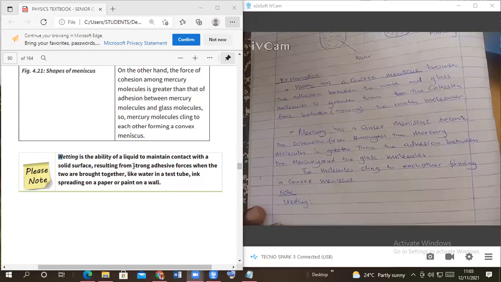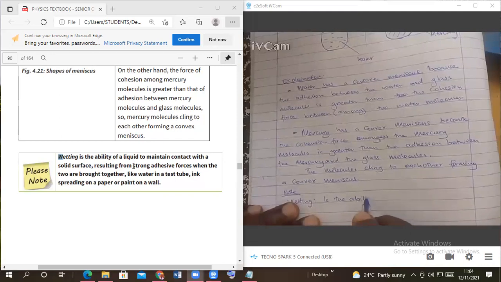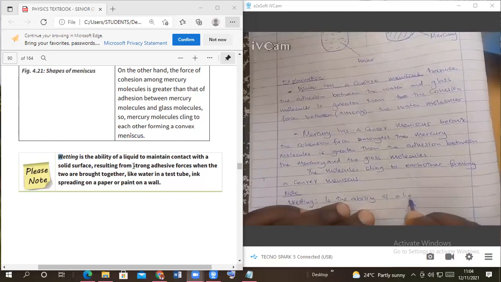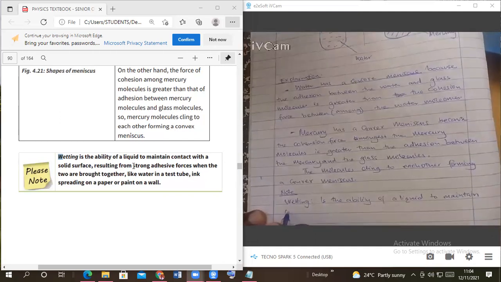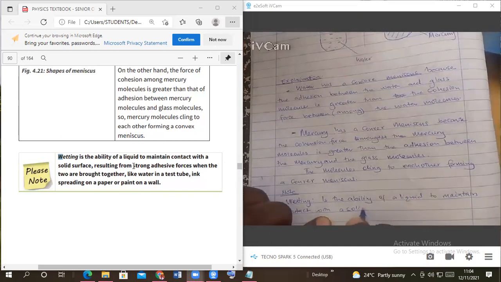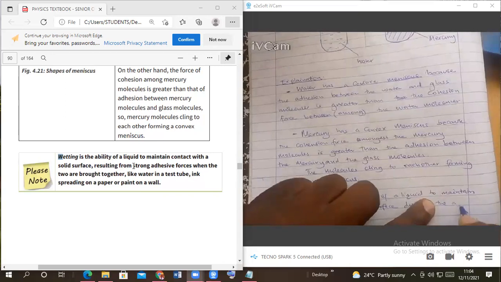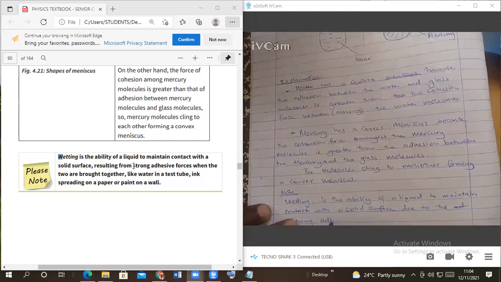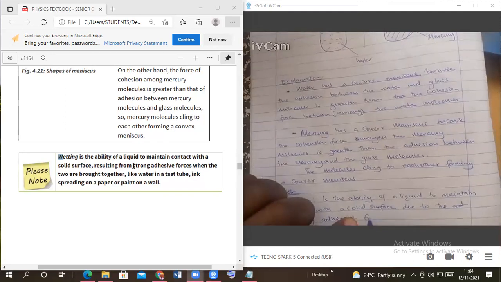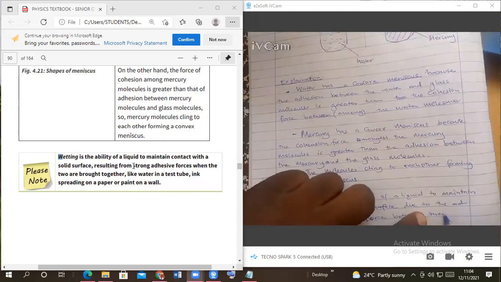Water wetting glass is what we call wetting, and wetting is the ability of a liquid to maintain contact with a solid surface, due to the strong adhesive force between their molecules.